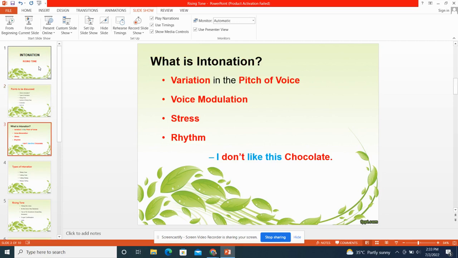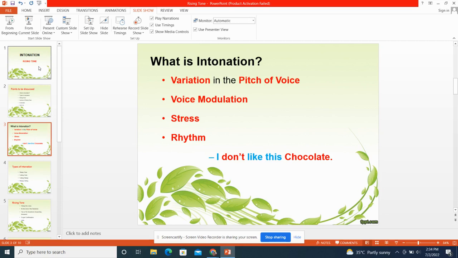Let's see what intonation is. Intonation is nothing but variation in the pitch of voice. We have to show some kind of modulation when we are communicating in the English language. Voice modulation is very essential and it makes listeners understand the concept easily as well as effectively.